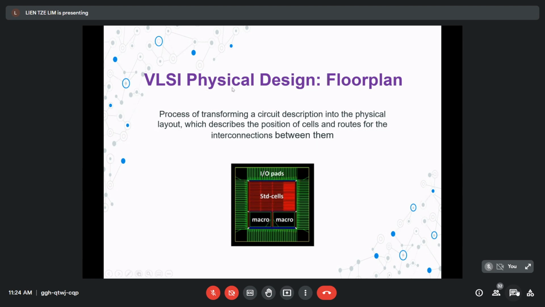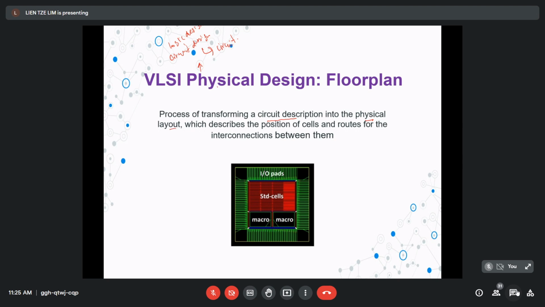Before physical design, we have circuit design, logic design, and architectural design. All this is about the circuit. When we want to produce a physical design, it means that we want to transform a circuit description into a physical layout.